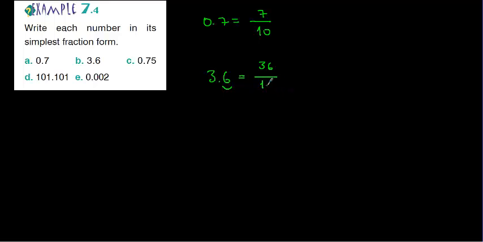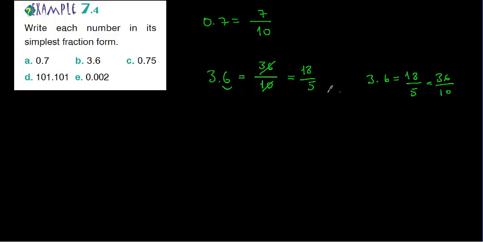There's only one, so it means that I'm going to write only 1 zero after the 1. So 36 over 10, we may simplify and if we divide by 2, we can reduce it to 18 over 5. So 3.6 can also be written as 18 over 5, or you can write 36 over 10.